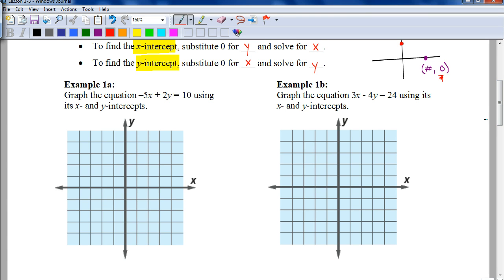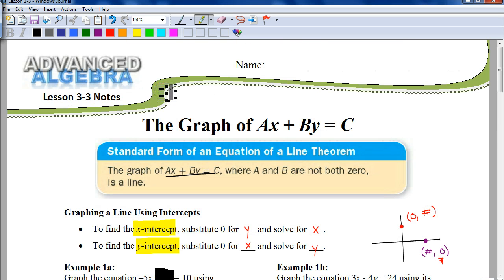For example, here we have the equation negative 5x plus 2y equals 10. If I want to graph that using its x and y intercepts, I'm going to put 0 in for y to find the x-intercept. If I put 0 in for y, 2 times 0 is 0, so I'm going to ignore that for right now.